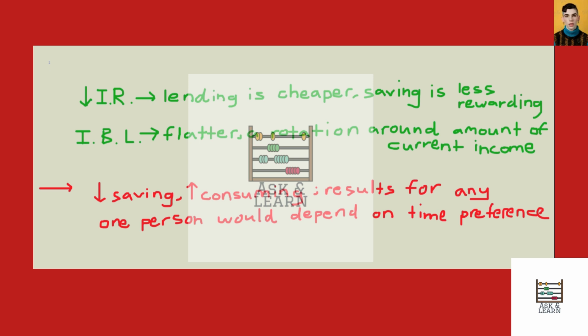And then in response to the second question posed in this problem, how would the decrease in expected interest rates affect one's consumption and saving decisions? Well, most likely what's going to happen is that saving would decrease while consuming would go up. However, the result for any individual in response to this question would really depend on time preference first. That takes precedence. So there you have it.